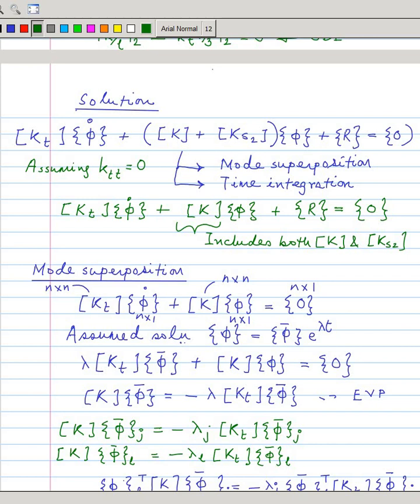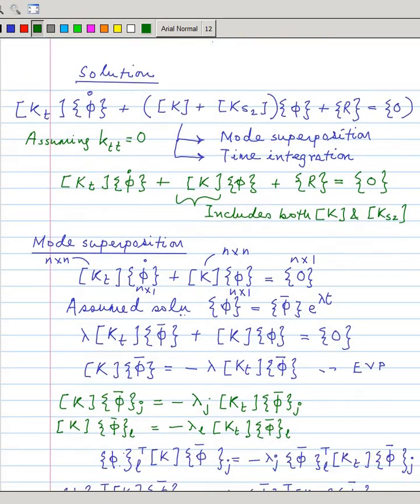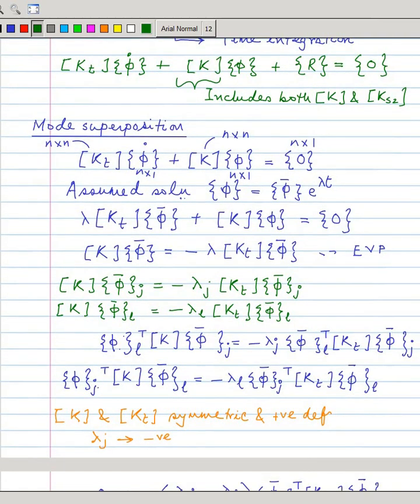So in mode superposition, first we start with the homogeneous equation. That means first we start with r equal to 0. So this is the homogeneous equation, and you know this is an n by n matrix where n is number of degrees of freedom, and here per node there is a single degree of freedom, so this is number of nodes itself.